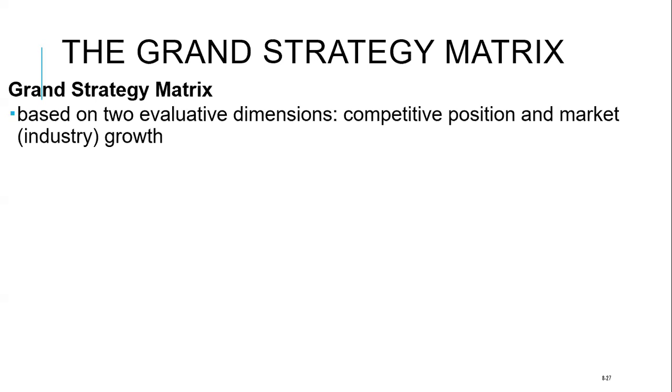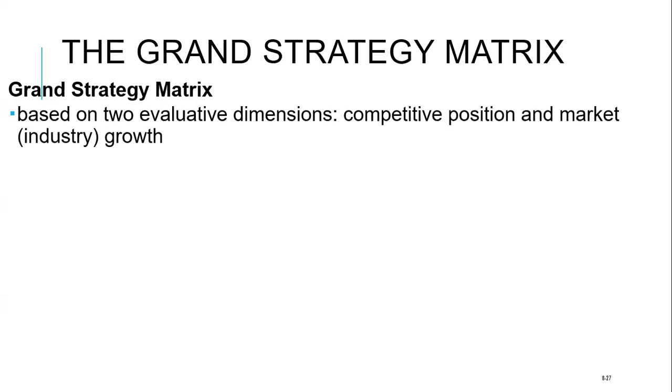The premise of the Grant strategy matrix is that all organizations can be positioned in one of the 4 quadrants of the Grant strategy. And this will also help organizations that have multiple portfolios or products, or if you like, business units, to know which particular strategy will be more appropriate for their products or divisions.